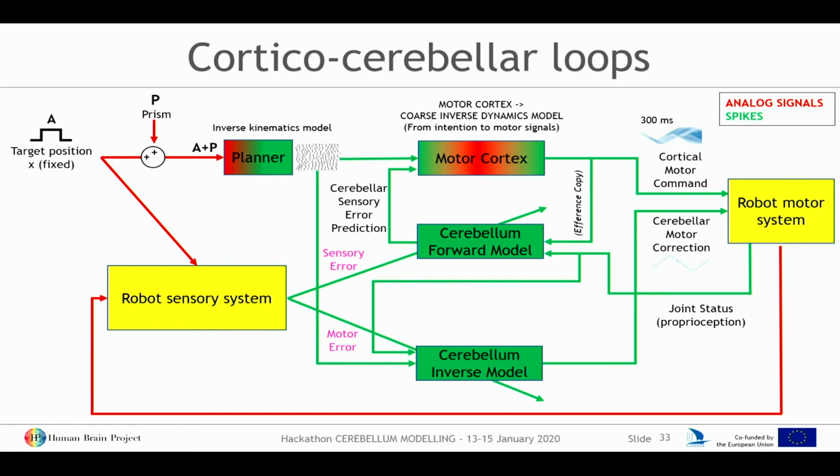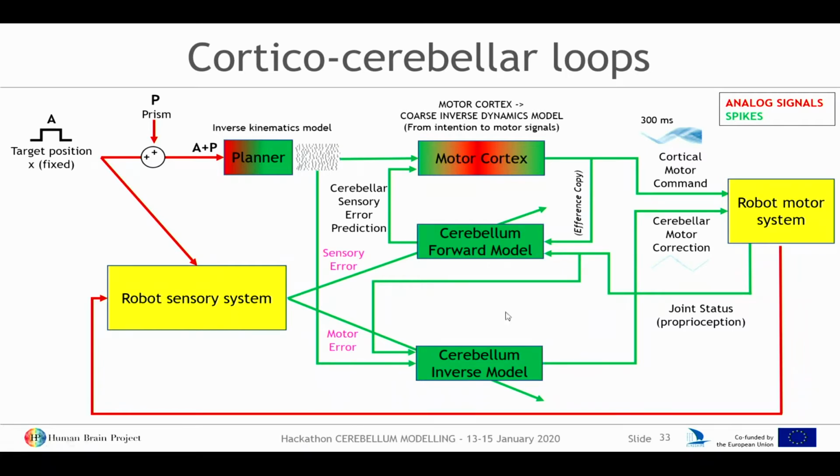So I need to compensate for that error, and I have to change the signal that is the output of the planner, which is a firing rate approach, and I have to increase it or decrease it according to whether I am at the right or at the left of the target. And this is why I have a firing rate modulation of positive or negative inferior olive.